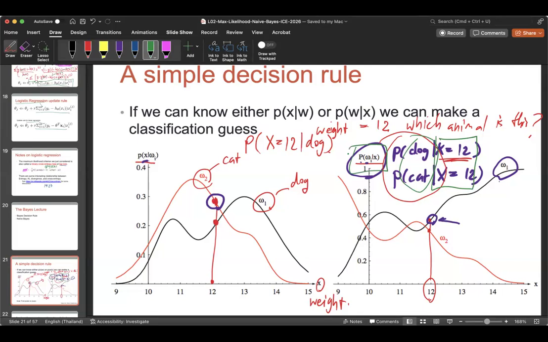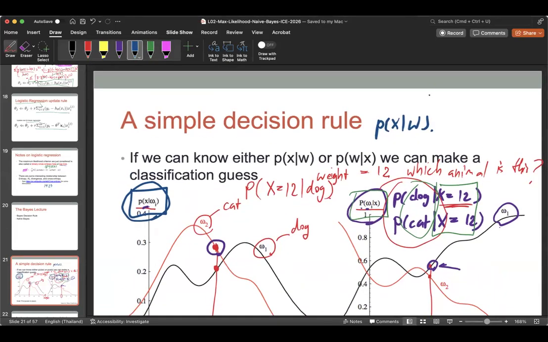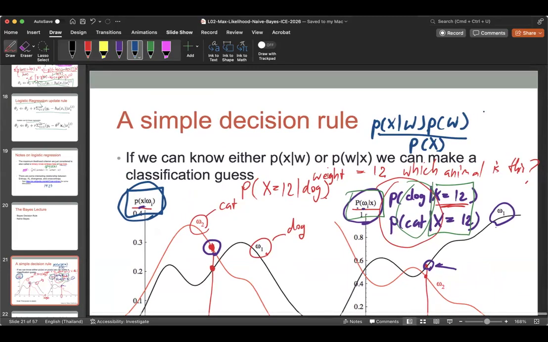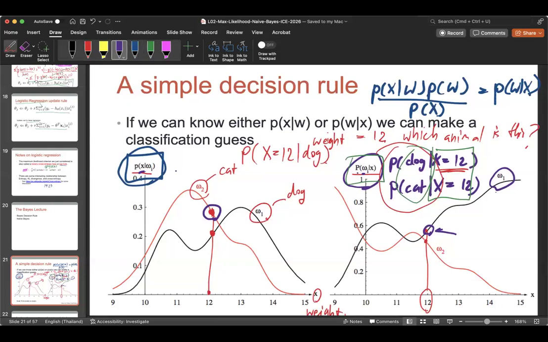But we can also start with this probability as well. If we have this probability, we can do this, and this becomes this according to Bayes rule. So ultimately, if we have this one or this one, we can always make a decision according to our input data.